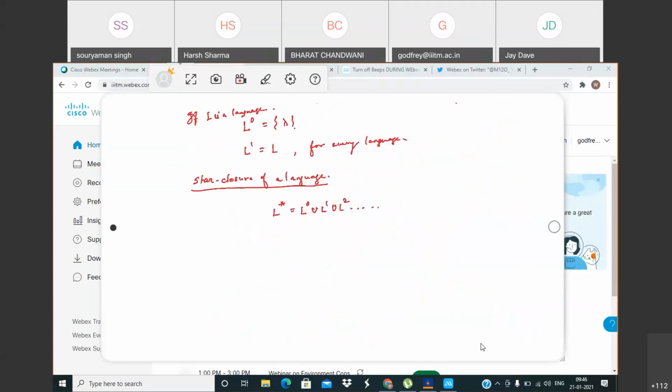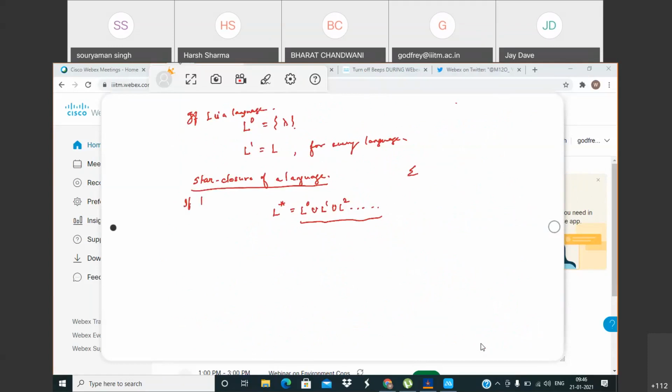So the star closure of a language is going to have a concatenation of symbols from sigma whose strings may have length 1, 2, and so on. So this can be defined in this form.